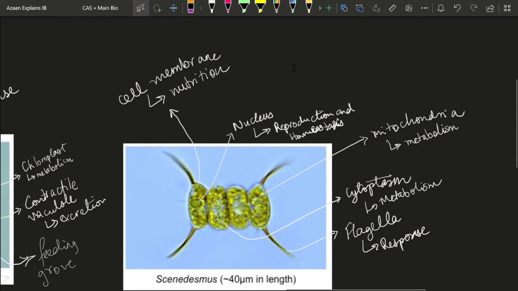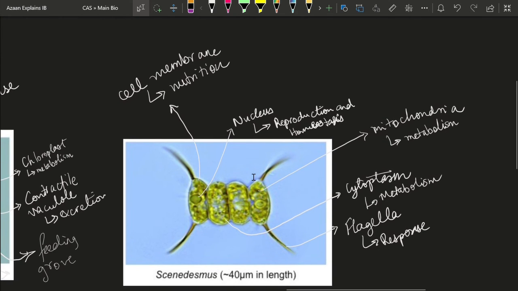Then we are going to look at another organism, Desmus, which again, it's not necessary to know this particular organism, but you will need to be able to identify another single-celled organism. So they also have a cell membrane responsible for their nutrition and homeostasis. They have a nucleus which is responsible for their reproduction and homeostasis.